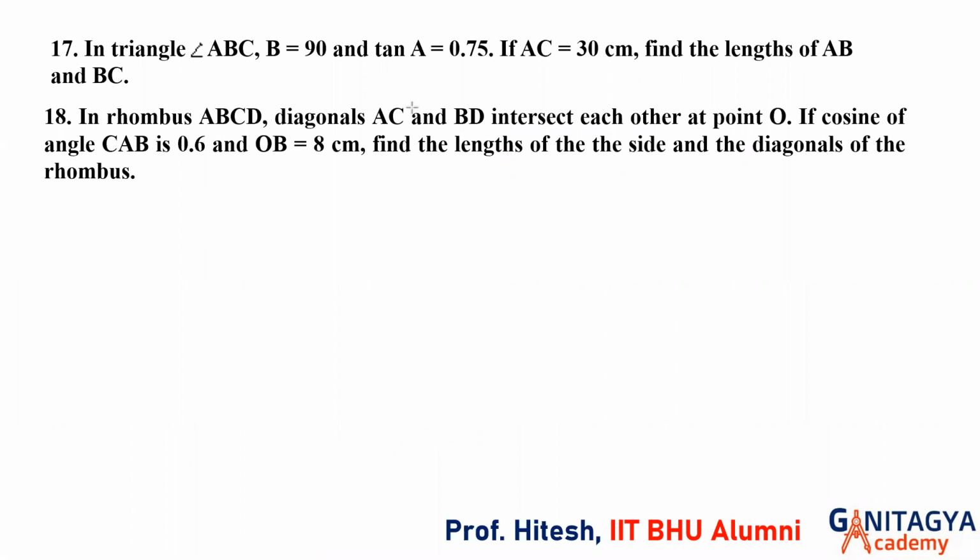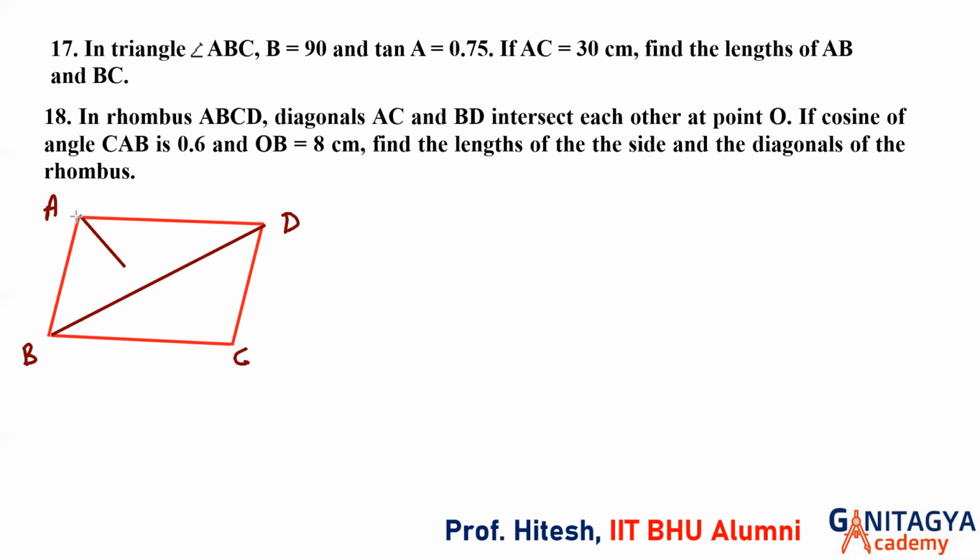Okay, let's go. So let me draw one rhombus first. Diagonals intersect each other, bisect each other. Okay, let's go, this is ABCD. Okay, just remember, these are the 90 degree, all are 90 degree.